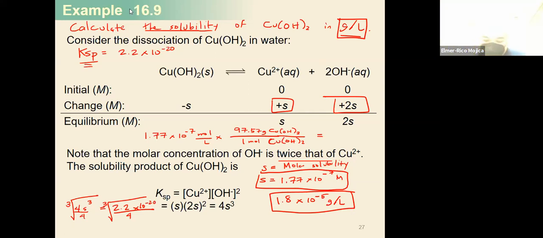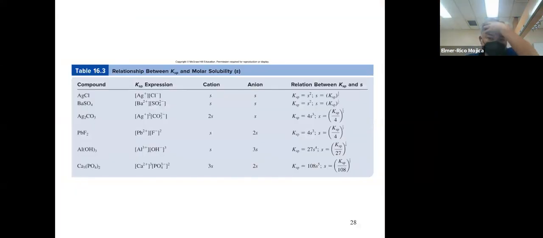So the next thing that we're going to have is look at the given expression here. This is just the relationship of KSP with molar solubility, like what we did right now. We have a KSP equals 4S cubed.